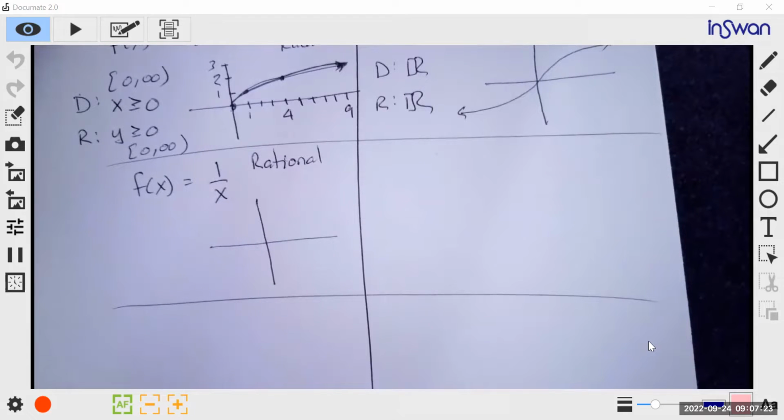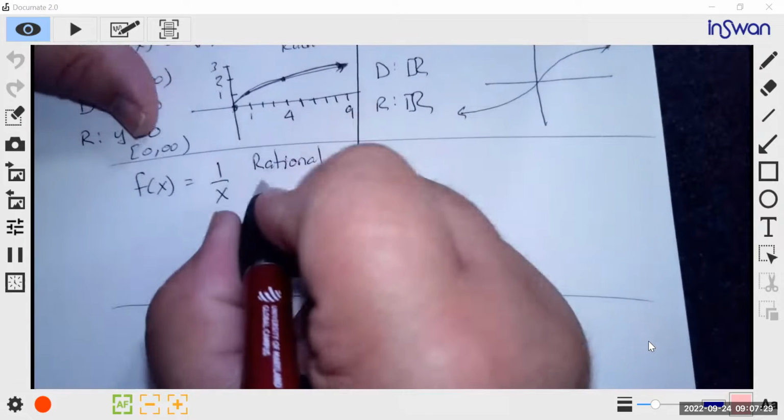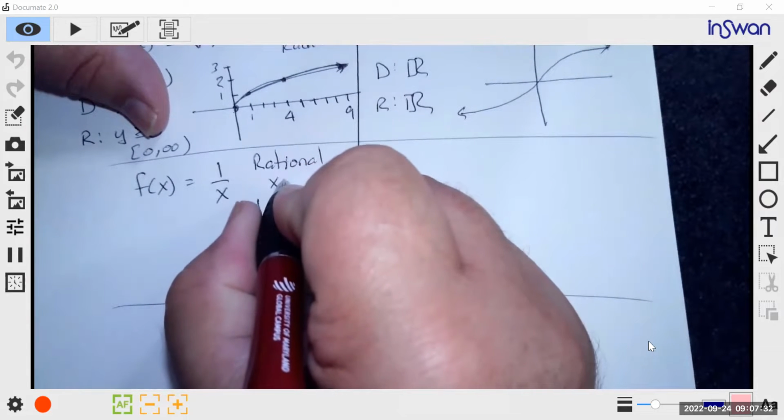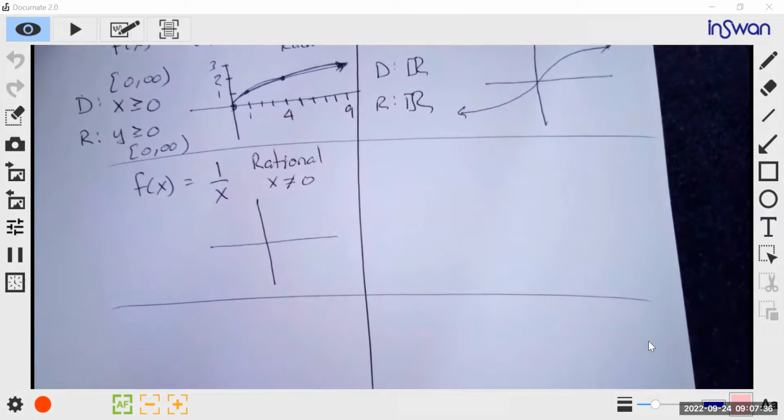Can it be 0? No. So we cannot use 0. So x in this case cannot equal 0. We have restrictions. Anytime you have x on the bottom, you have a restriction because the bottom can never equal 0.